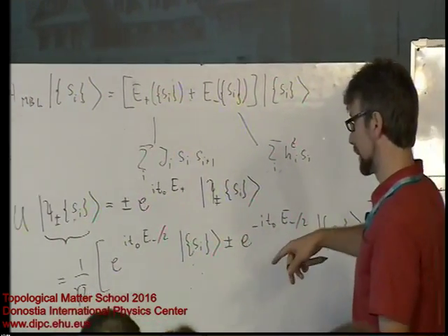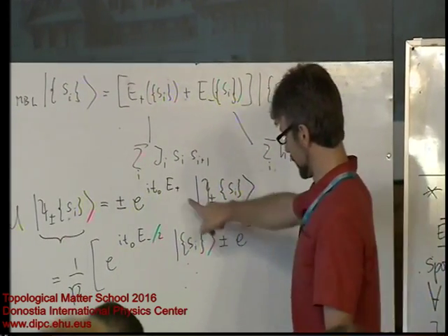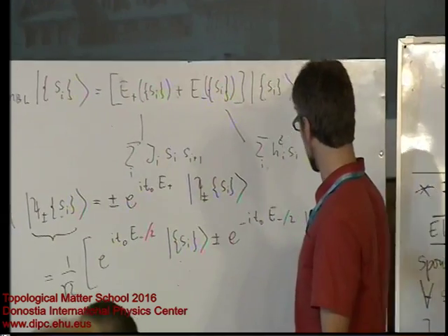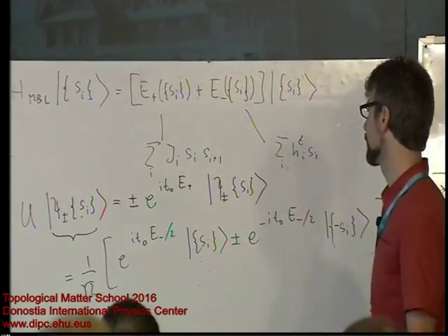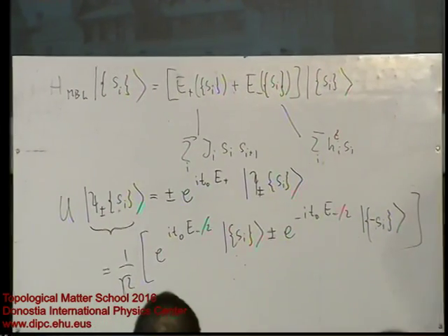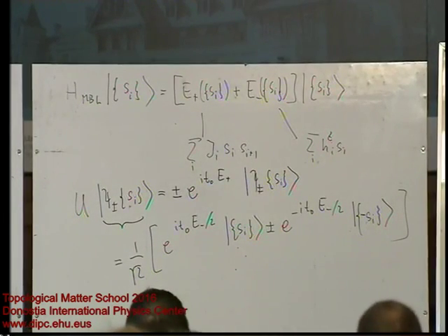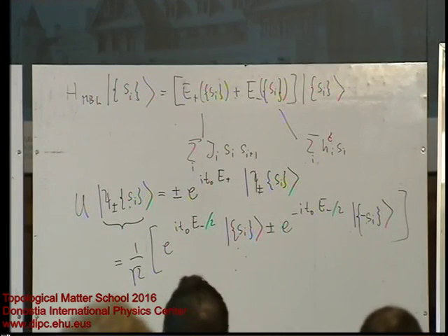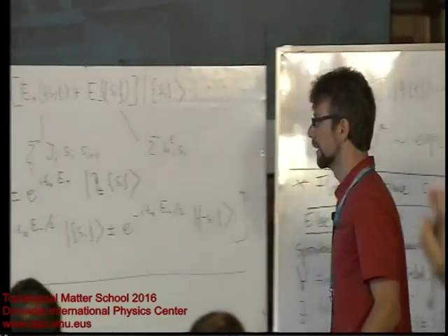And then you apply the MBL Hamiltonian, and you see that this E plus is the same for both, and the other one gets this relative minus sign in the E minus. So if you stare at it for a moment, you will see that this is indeed an eigenstate of that unitary. So we have completely diagonalized this unitary.